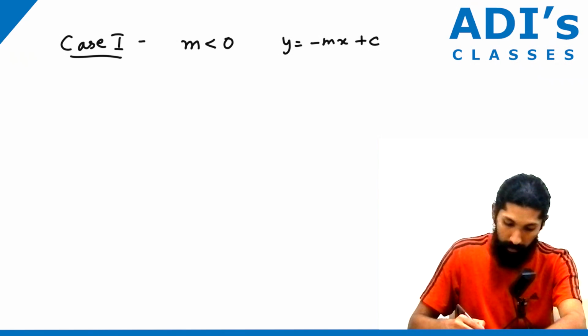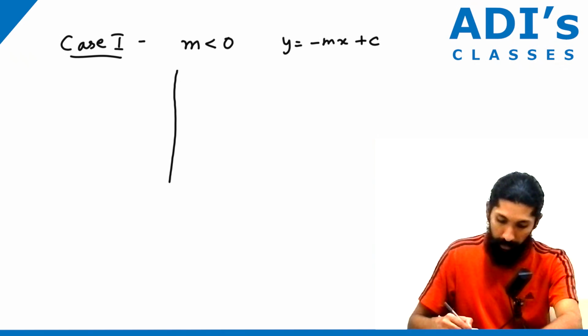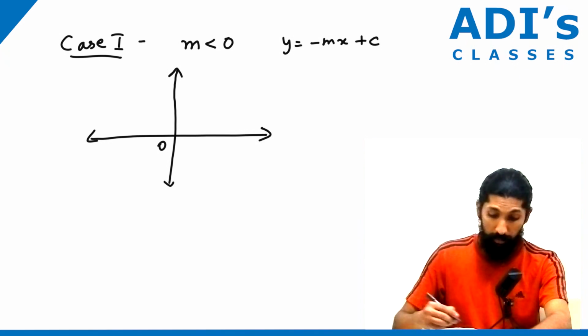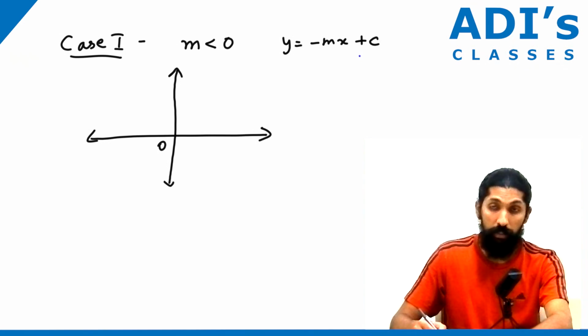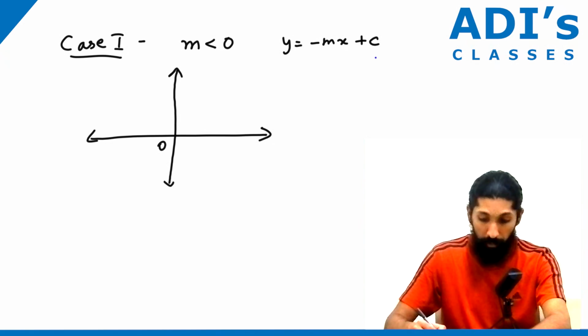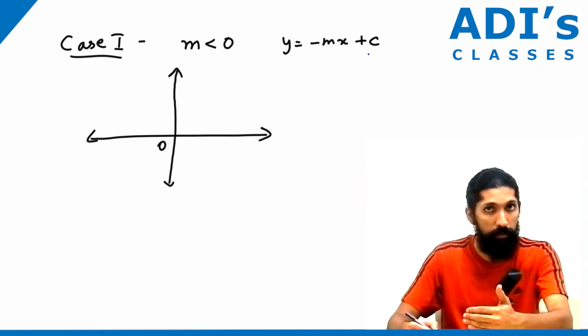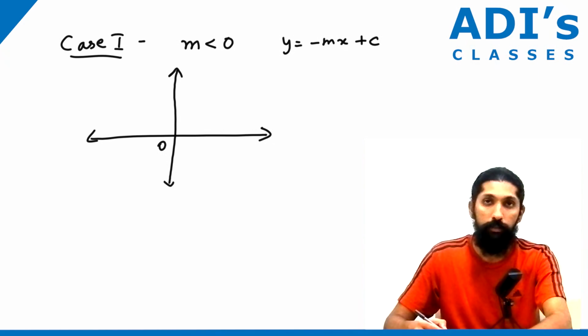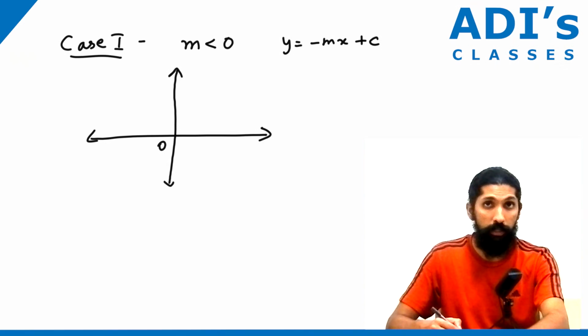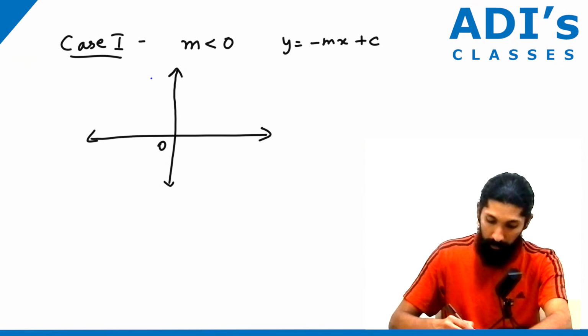So in this, we have the x and y axis. Now the line, see here we have mx plus c. So it's above the origin, because whenever we have a plus c, it's above the origin. But if you have a minus c, it's below the origin. Okay. So we have y is equal to minus mx plus c. The line goes like this.